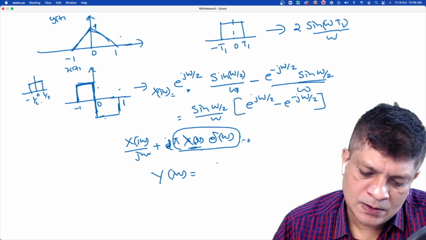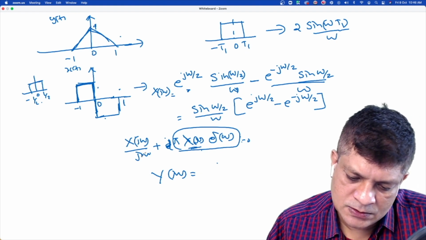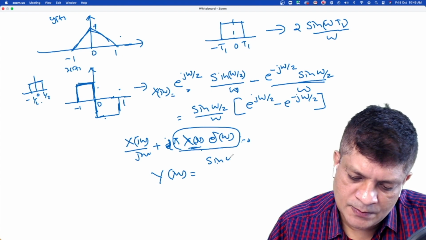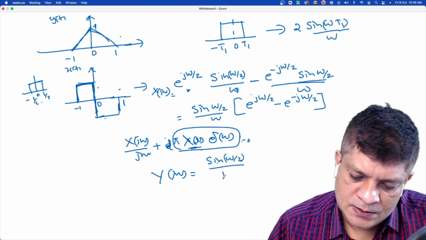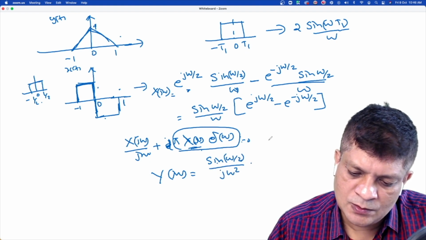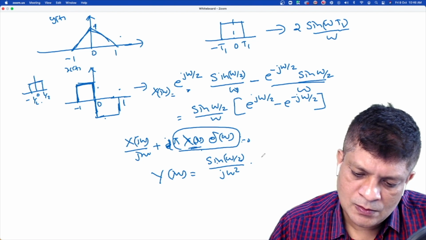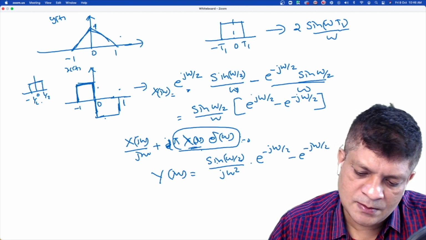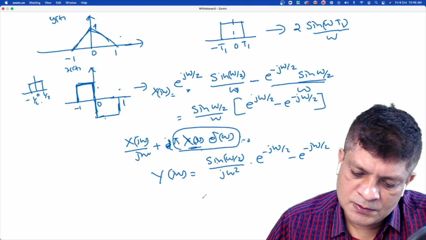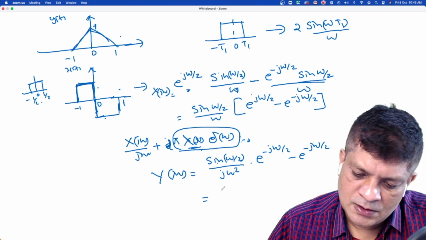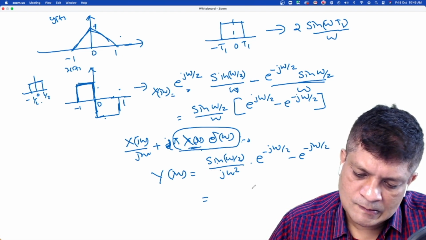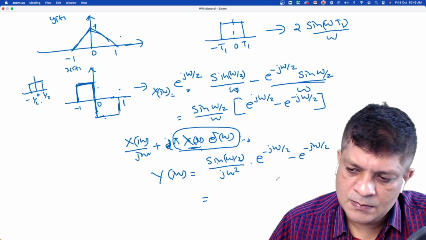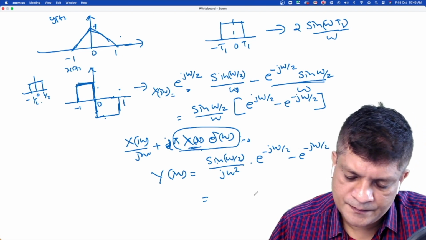Divided by, okay, this is this one. So it is sine omega by 2 by j omega square into e to the power minus j omega by 2 minus e to the power minus j omega by 2, isn't it? And if you simplify this, what will you get? Did I miss some constant here?